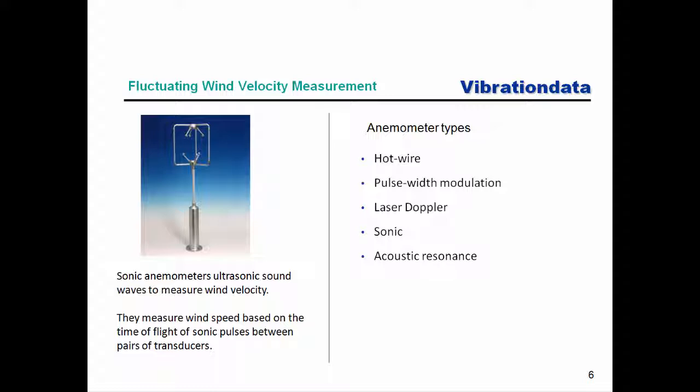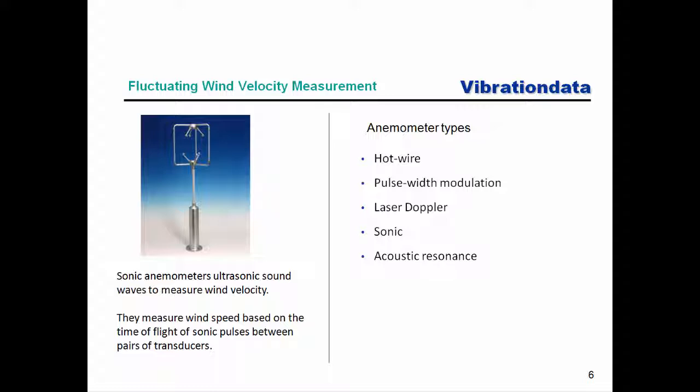There are various anemometer types, and I've never actually held any of these in my hand, but you can do some reading on the internet to research these. They're commercially available: a hot wire type, pulse width modulation type, laser Doppler type, sonic and acoustic resonance. And the applications kind of vary depending on the sensor type and the need.